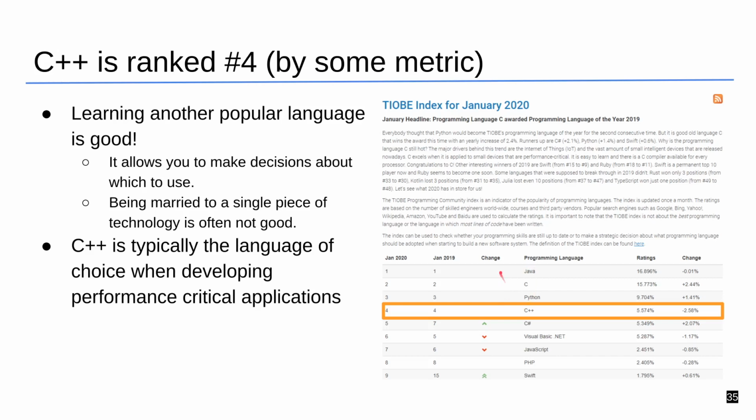So throughout your career, you'll learn a few different languages pretty well and know which one's the right language for different tools, or whatever software you're building. So C++ is typically the language of choice when developing any high-performance application, games, financial trading applications, simulations, etc.